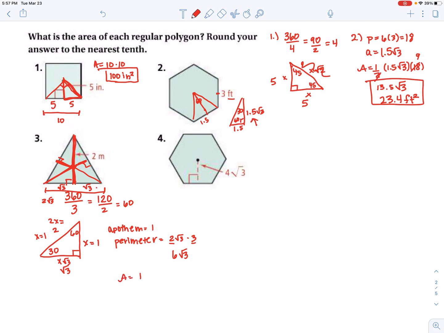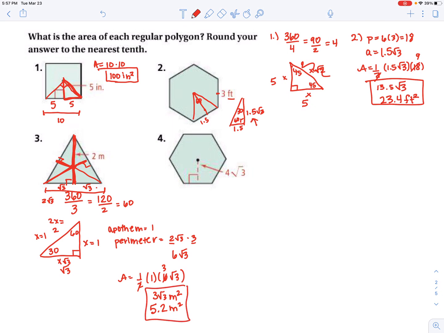So area equals 1/2 times 1 times 6 square root 3, or 3 square root 3 is your final answer. If you want to write it as a decimal, you certainly can. 3 square root 3, I think it's about 5.2 maybe. And then meters squared. So either way is fine.